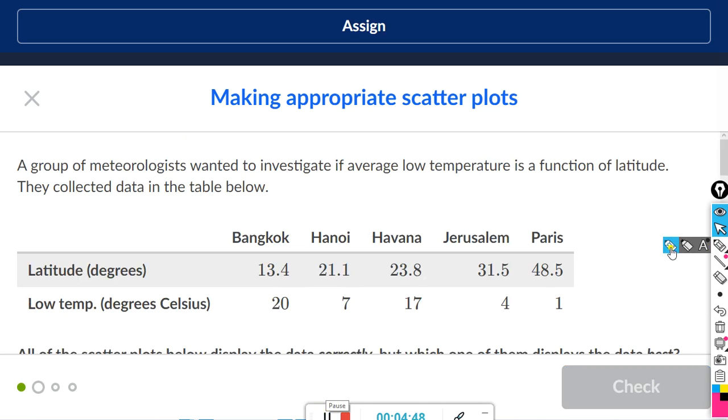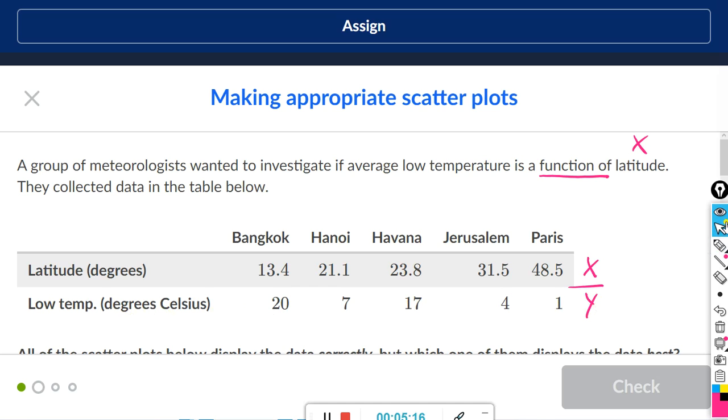Let's see here. Meteorologists want to investigate if average low temps is a function of latitude. It says function of, so I know that latitude is going to be for the x-axis. Here's my latitude. Those are going to be the x values, and that would make the low temps the y values.